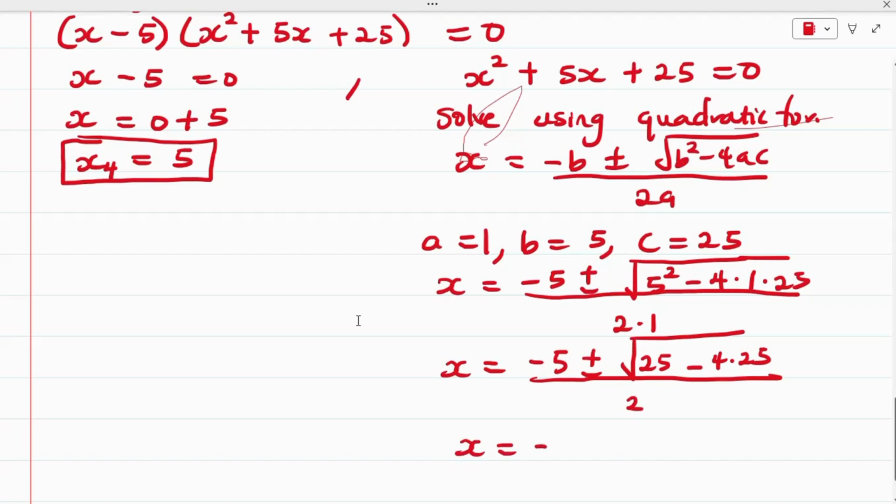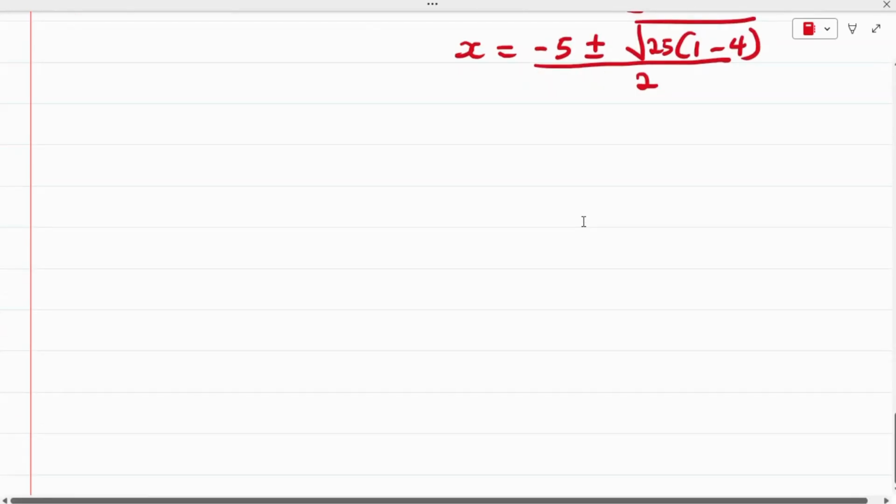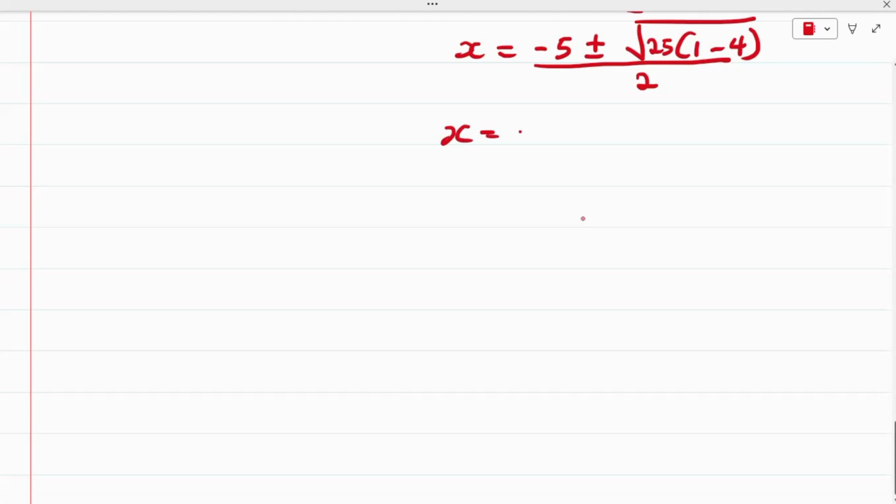So x is equal to minus 5 plus or minus the square root of, if you factor out 25, 25 into 1 minus 4, all over 2. So x is equal to minus 5 plus or minus the root of 25 times 1 minus 4, which is negative 3, over 2.